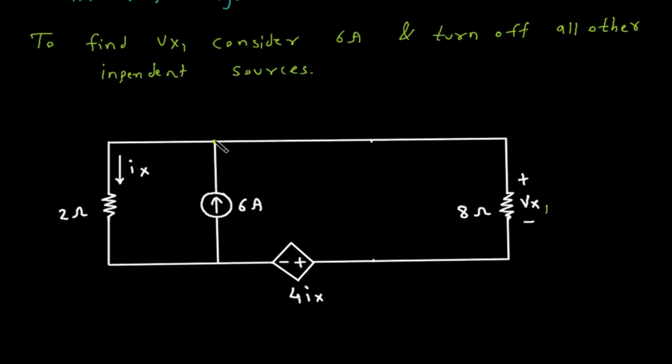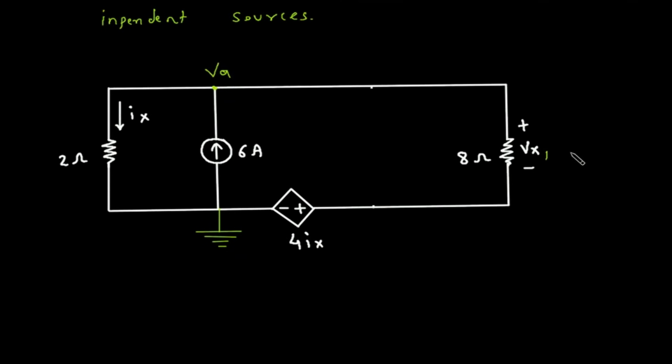Now let's say this is the node with voltage Vx1. Let's say this is ground. This voltage will be, let's say, VA. This will not be Vx1 because it is not connected to ground. So here we will apply KCL.